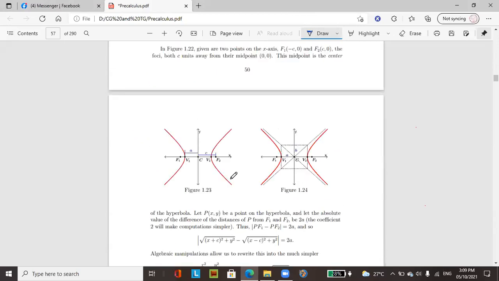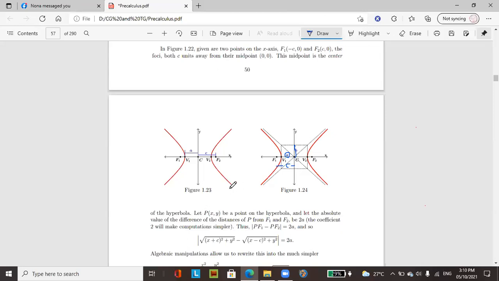So if we can see here, the distance, again, last meeting in the ellipse, the distance from the center to the vertex is a. And the distance from the center to the foci is c. So as you can see, c is greater than a. And then the distance from this point to the center is b.